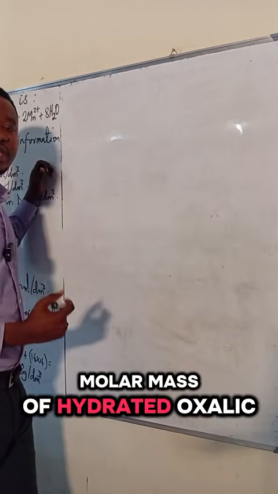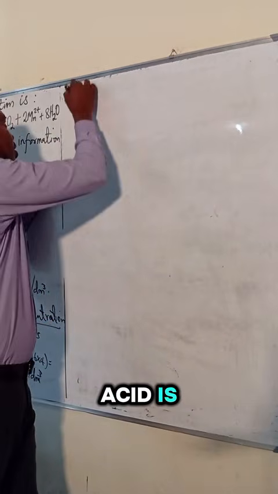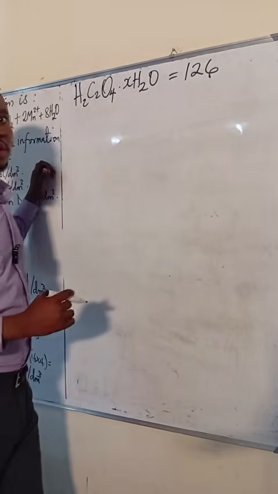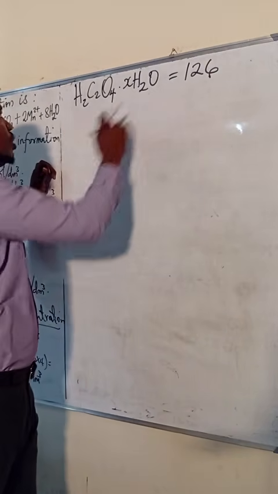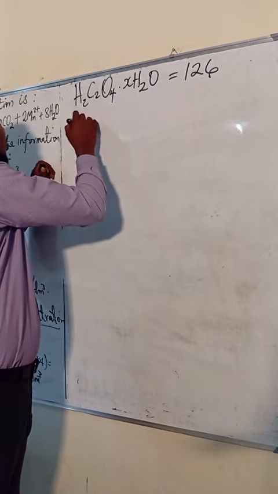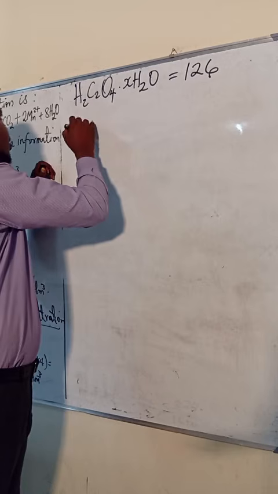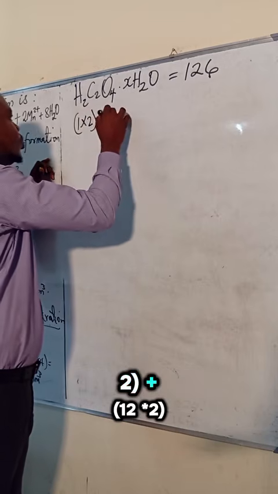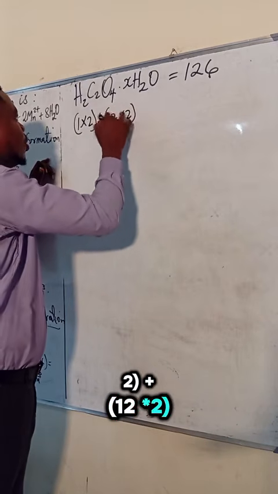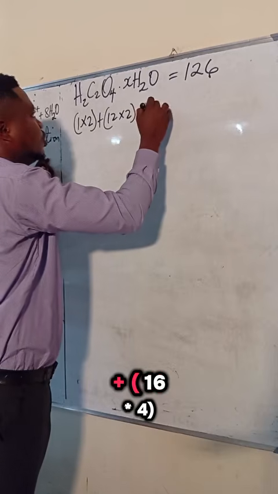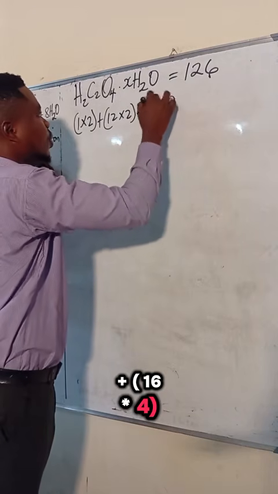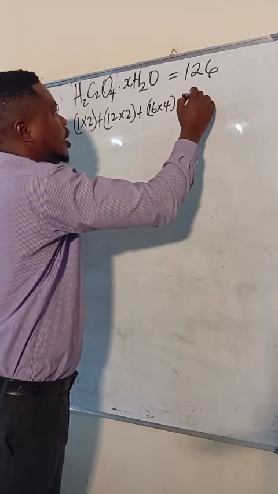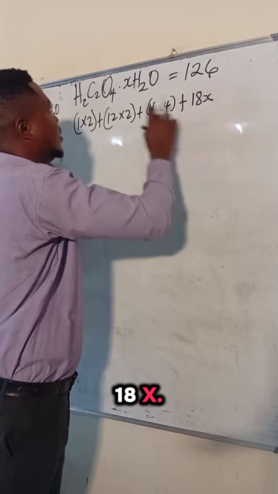Molar mass of hydrated oxalic acid is 126. And let's compute the molar mass of this. This becomes 1 times 2 plus 12 times 2 plus 16 times 4 plus 18x.